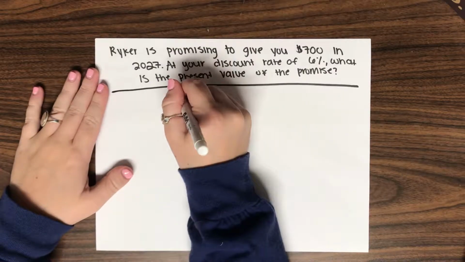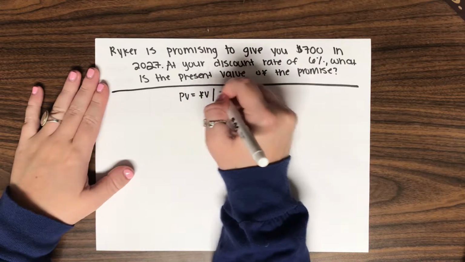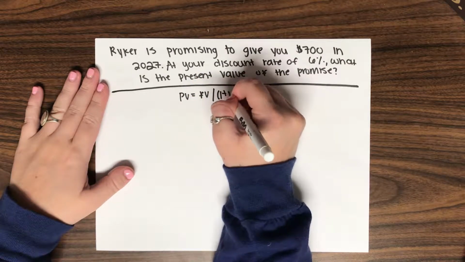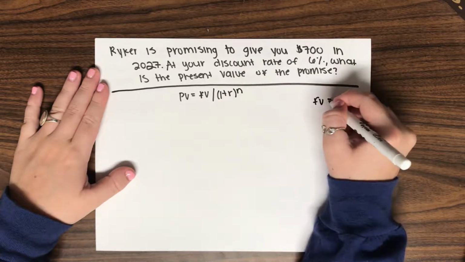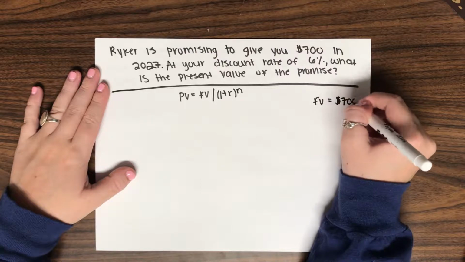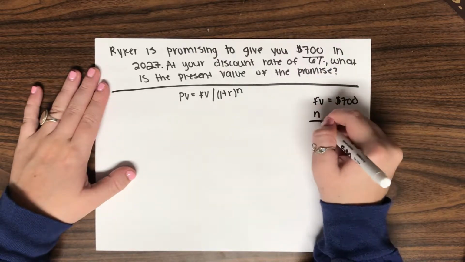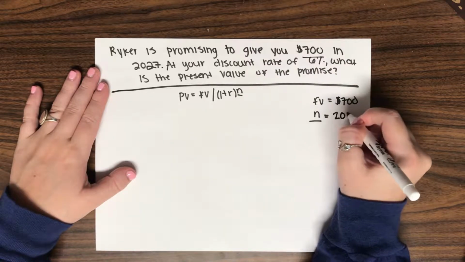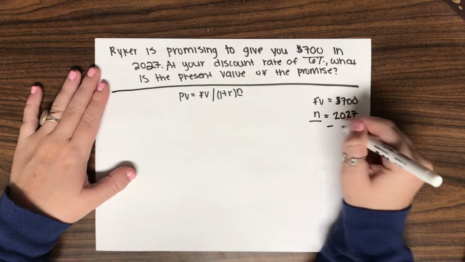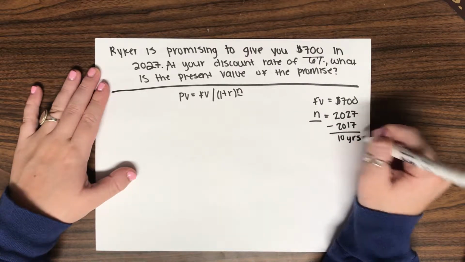So to start, our present value formula is future value divided by 1 plus r to the power of n. Our future value is given to us, and it's $700. That's what's being promised in the future. Our time, or our n, is 2027 minus 2017, giving us 10 years.